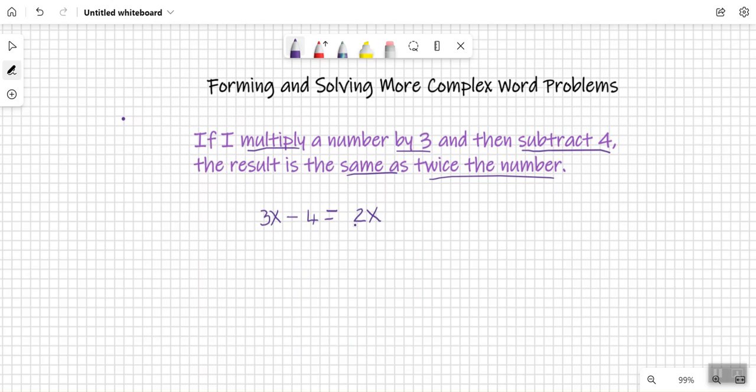Because we have 2x on the right hand side, we want to bring this over to the left hand side. In order to get rid of it on the right hand side, I have the minus 2x. And if I minus 2x on the right hand side, I have the minus 2x on the left hand side as well. So minus 2x.